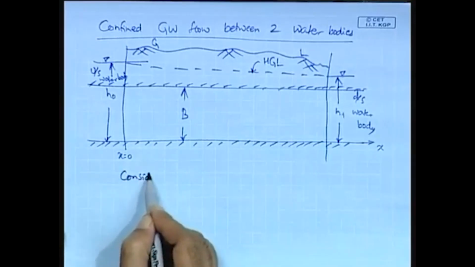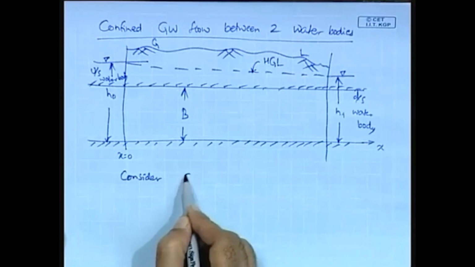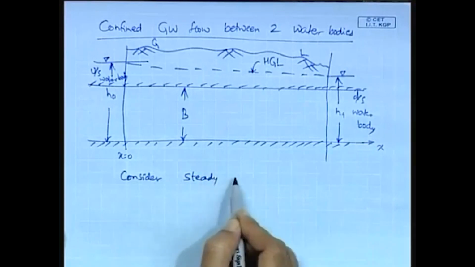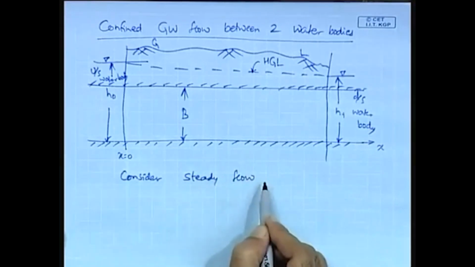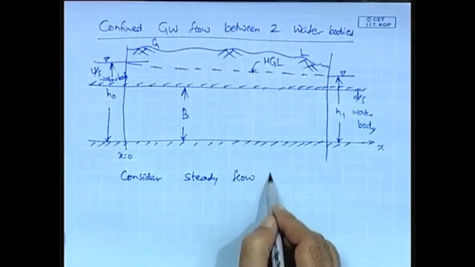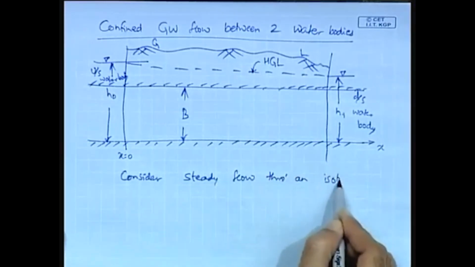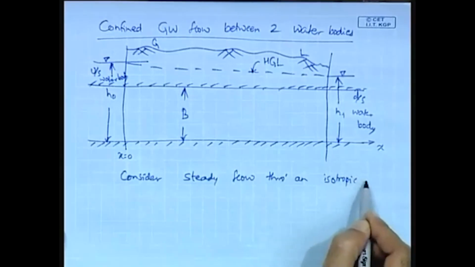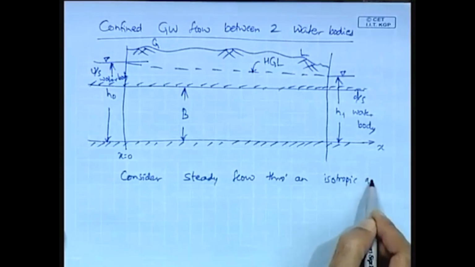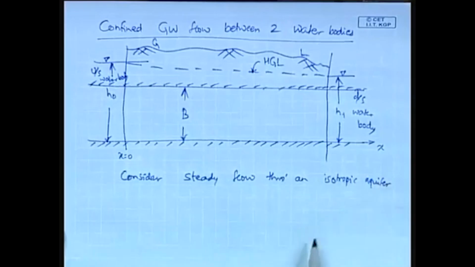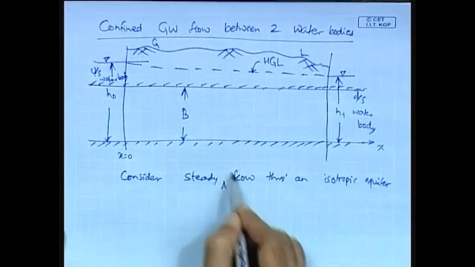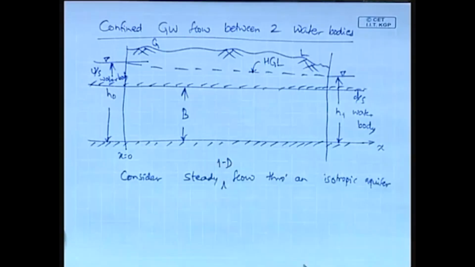So in this case obviously consider steady flow through an isotropic aquifer, and the flow is one dimensional.